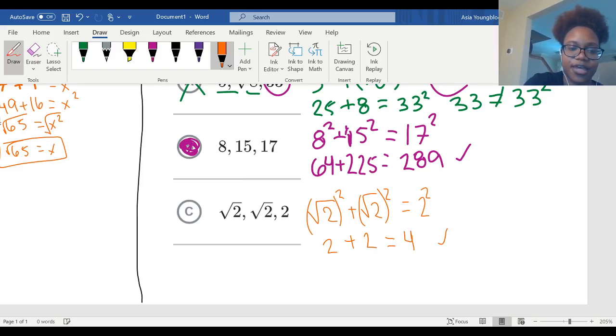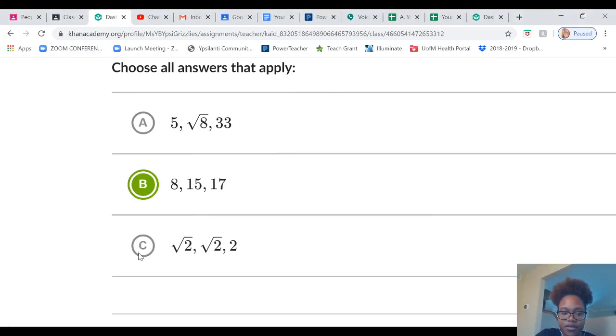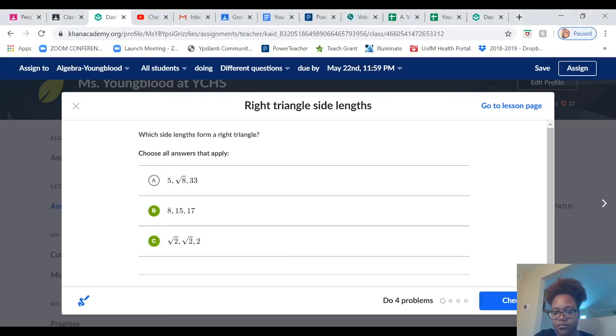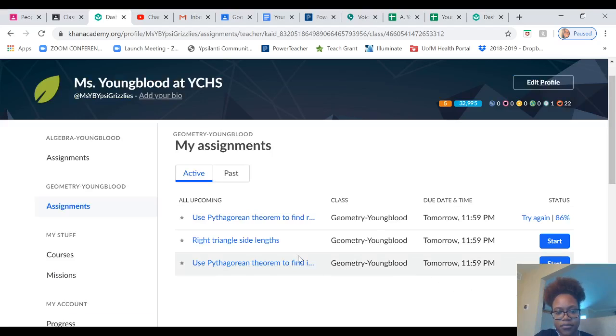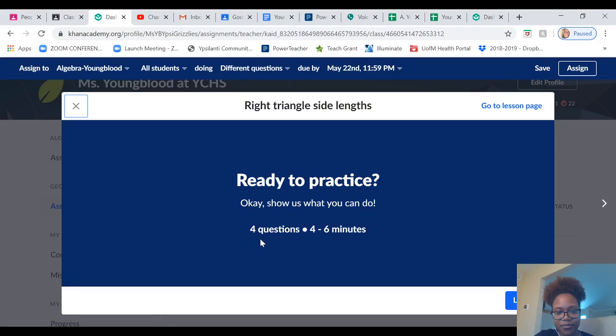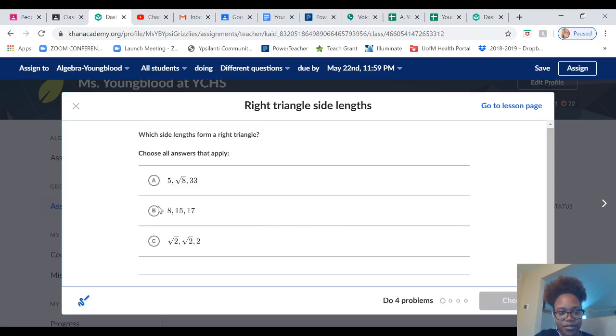And that is true. So that would be another correct answer. So we're going to select B and C back on our browser. Interesting. Oh, it probably timed out on me. So it would be B and C.